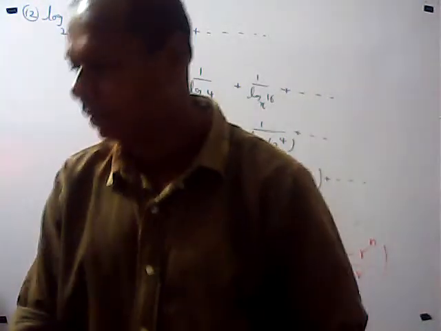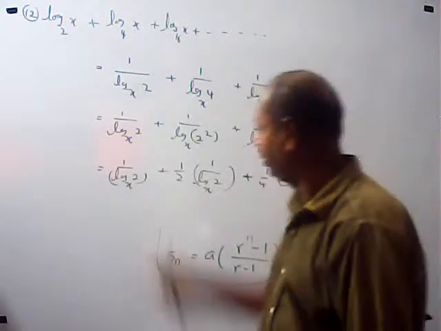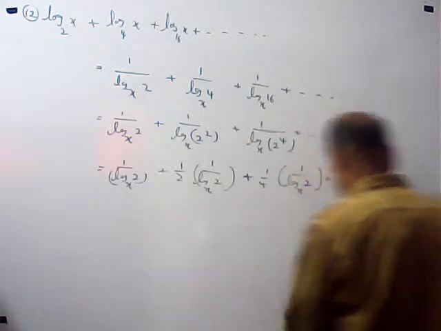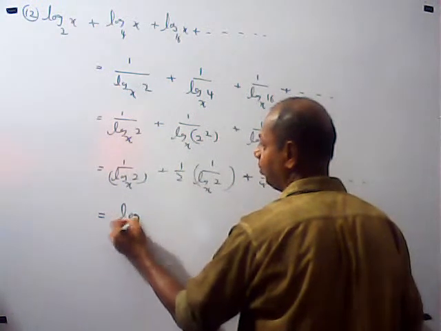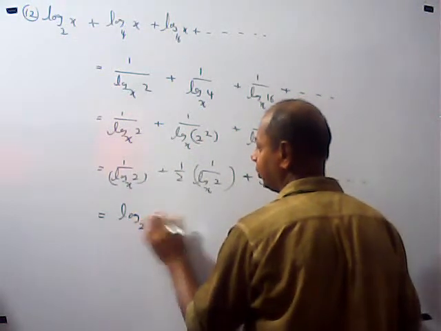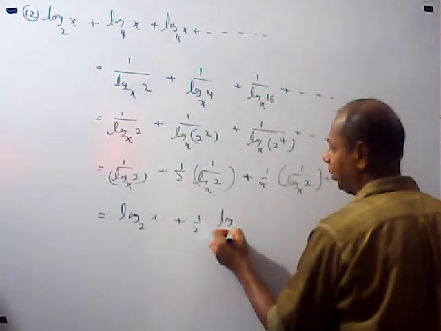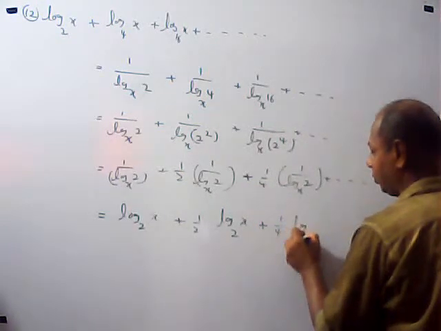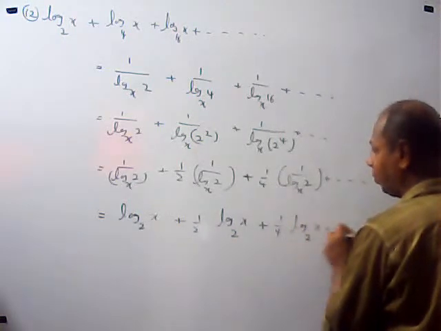If you want to give it a much simpler appearance, you can take them back to the top by changing the base again. Changing the base again, you can make it much simpler. Base 2x: log base 2x of 2, plus half log base 2x, plus 1 over 4 log base 2x, and so on.